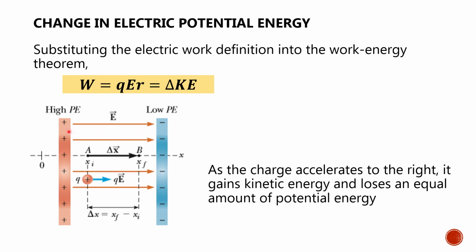The electric field applies work on the positive charge so that it goes from this position to this position. It gains kinetic energy but loses an equal amount of potential energy.